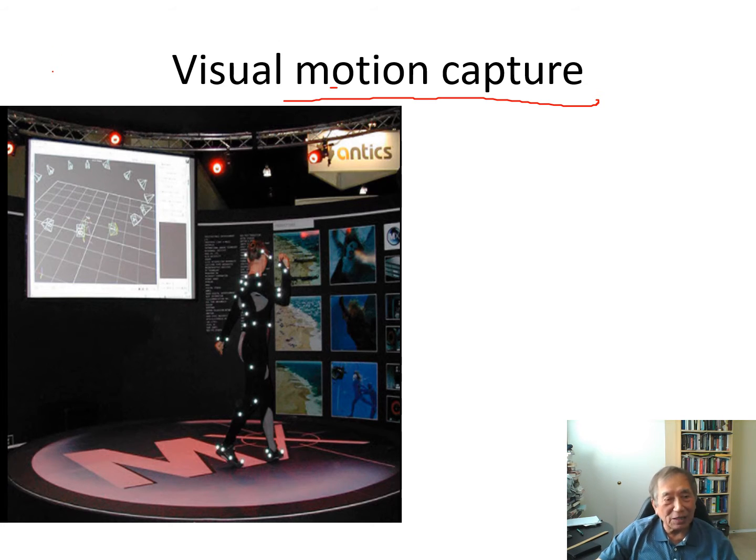Sometimes this can be a cotton ball pointed in there. Then let this person walk. Then the movements of each of those dots are recorded, and all that data is saved. And using that kind of tracking, you can generate the motion of how that person walks.